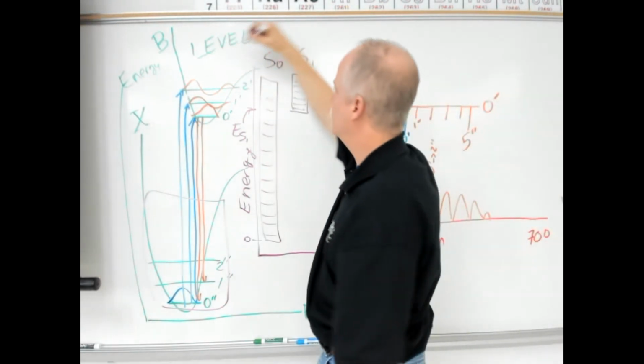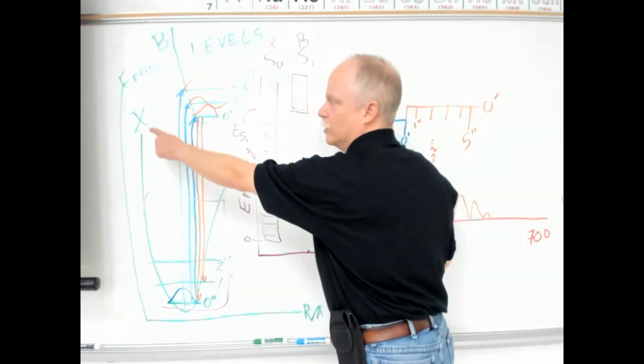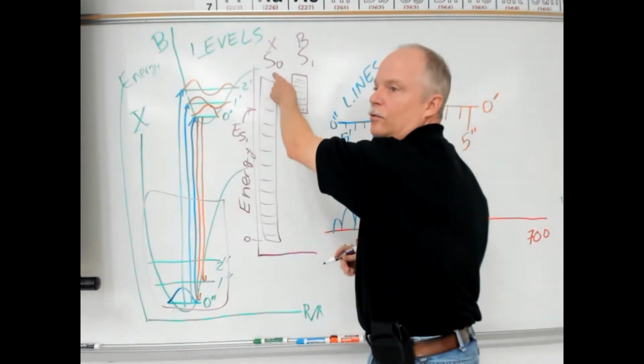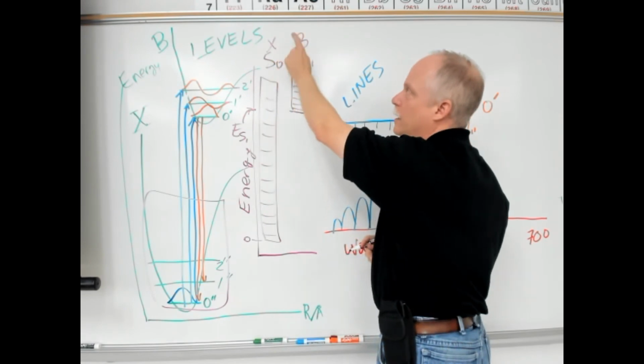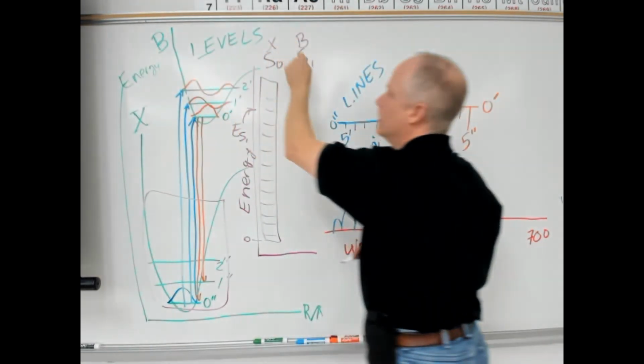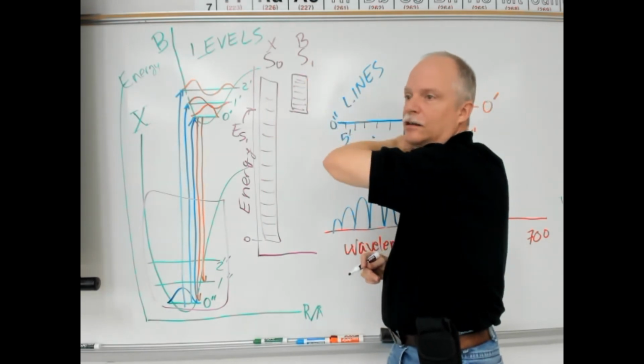So we might write up here B and X, if we knew what those were. So this is X here, we're calling that S0 in the Jablonski diagram, singlet 0. And then this is the B state, the next excited electronic state.